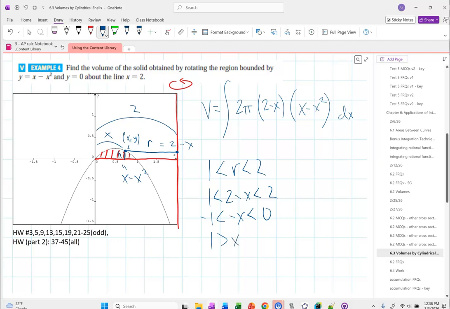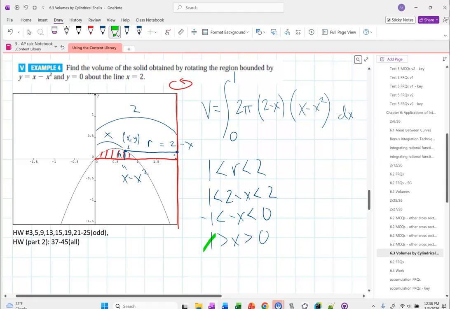Divide by -1, the inequalities flip. Since we're integrating with respect to x, I need that bound in terms of x. Notice that this matches up really nicely with where the function intersects the x-axis, which is the typical case.